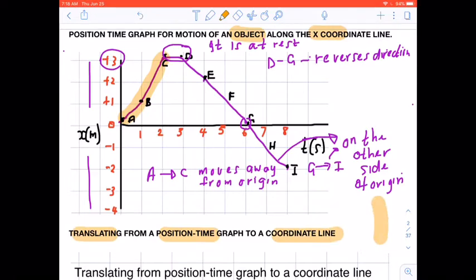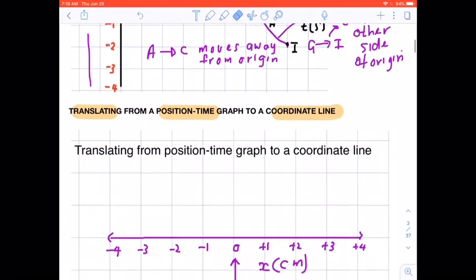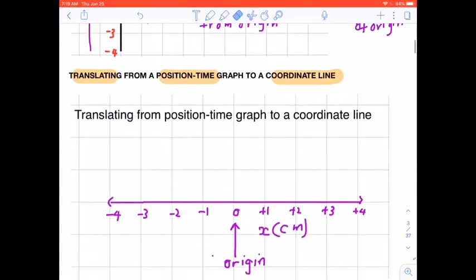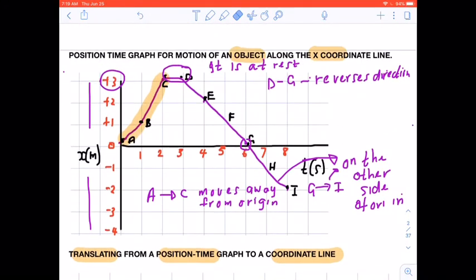Here I have the coordinate line, and I've got 0, +1, +2, +3, +4, since we had the coordinate here. I've shown that on a horizontal axis.